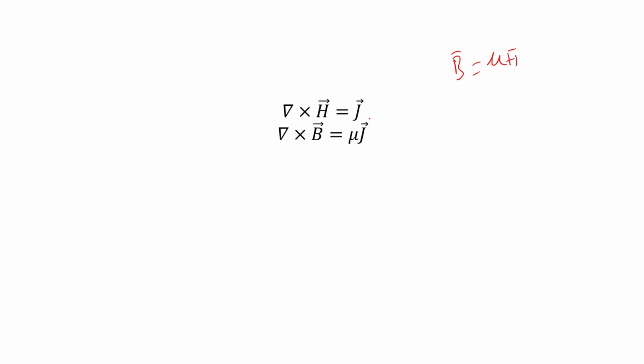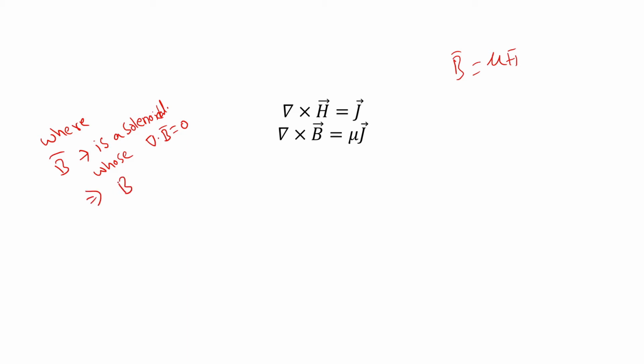Therefore, if I write the curl of B bar, that would be equal to mu times J bar, where B bar is a solenoidal vector whose divergence is 0.